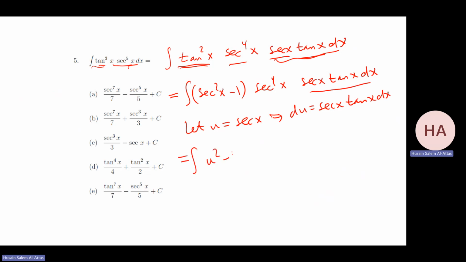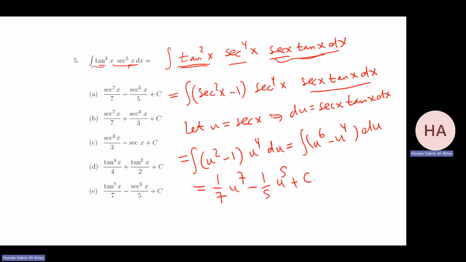I have u squared minus 1 times u to the power 4 du, which is u to the power 6 minus u to the power 4 du. That will be 1 over 7 u to the power 7 minus 1 over 5 u to the power 5 plus c. What is u? Secant. So 1 over 7 secant to the power 7 x minus 1 over 5 secant to the power 5 x plus c.